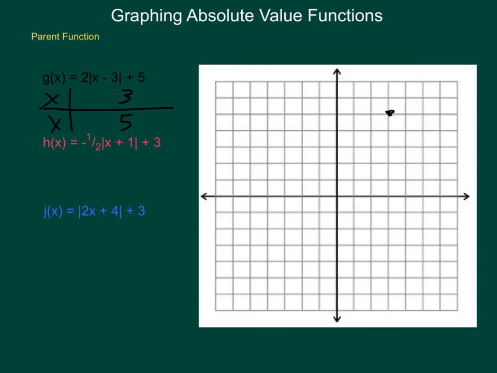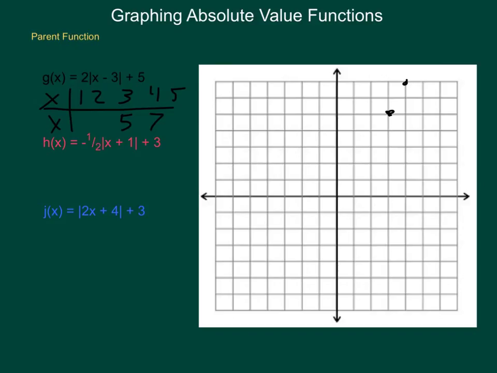Now, as I pick numbers 4 and 5, 2 and 1, we'll see the results that happen. 4 minus 3 is 1, absolute value is 1, times 2 is 2, and 2 plus 5 is 7.